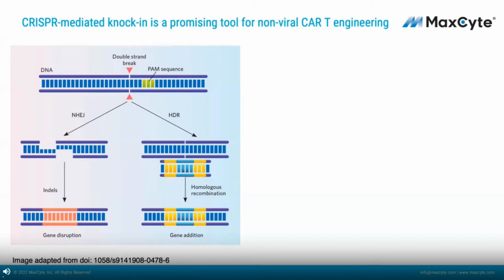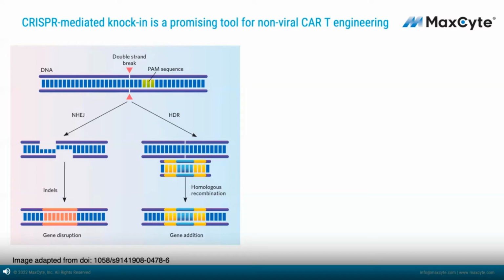But if you want to knock in a piece of exogenous DNA into the genome, you instead try to focus on the homology-directed repair pathway, or HDR, where you are supplying a donor template that has some amount of homology to your target of interest, as well as a piece of DNA that you're looking to integrate at your cut site.